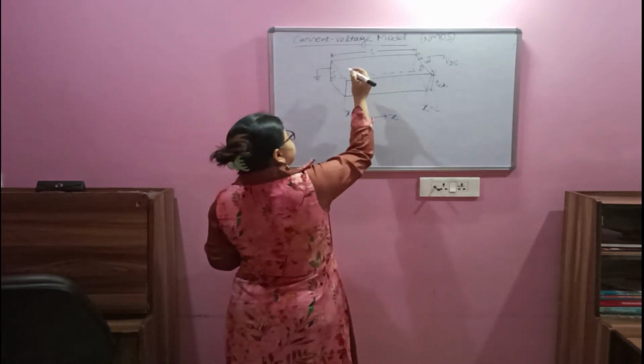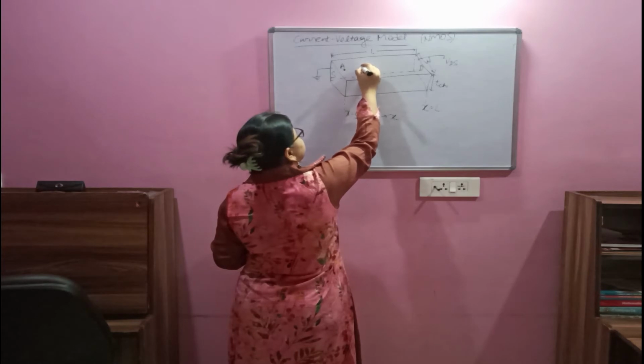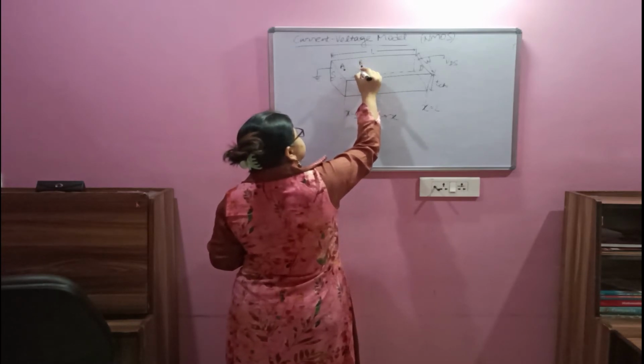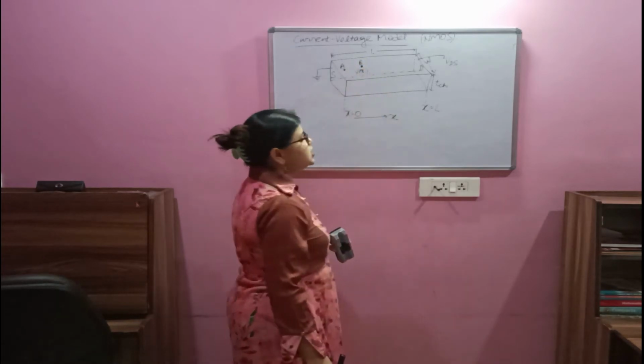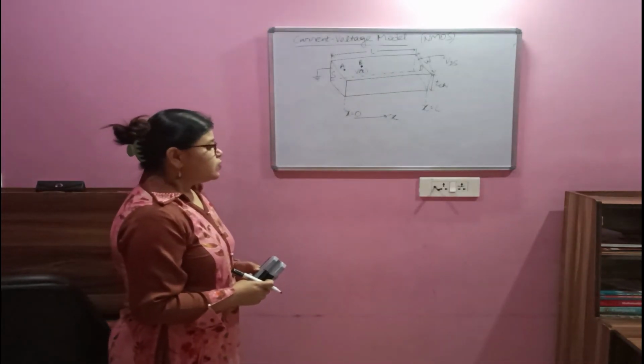Now considering some points in the channel, suppose I consider some point A, and here some point B, where some potential, say V of x, is there.